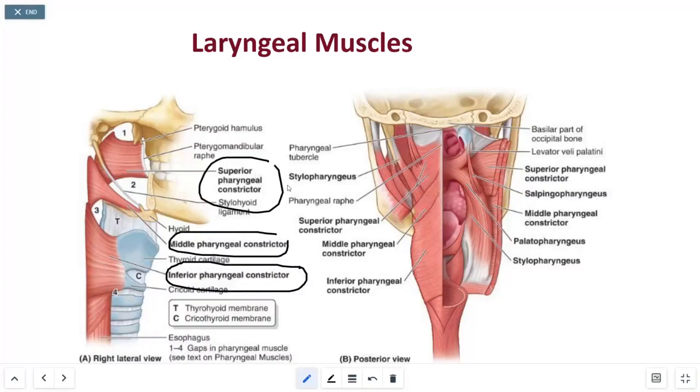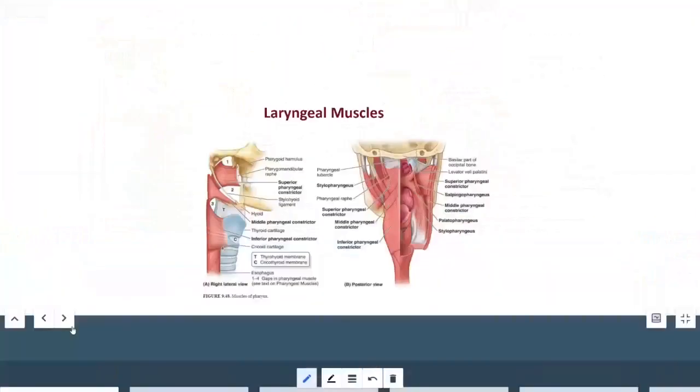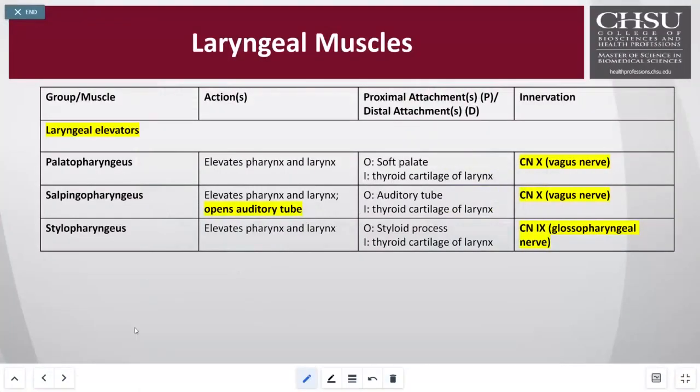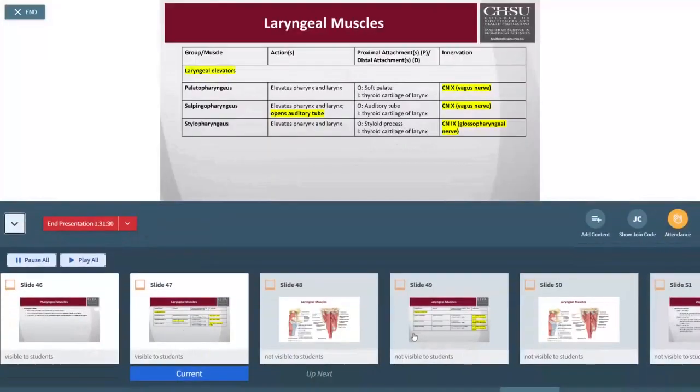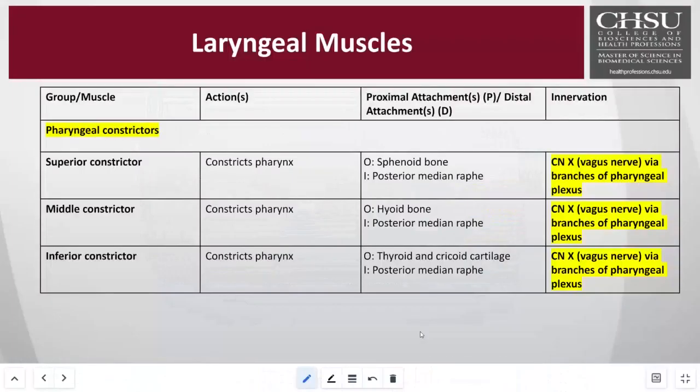I have the cheat sheet as well of the 3 muscles. I'm going to show you that. Right, so I just got to make sure I'm fair. So we have, sorry, this is not the right slide. Next one. The pharyngeal muscles. So we have the 3 muscles that constrict the pharynx: superior constrictor, middle constrictor, inferior constrictor. Okay, names are super easy. If you think about the action, literally there's no memorization involved.